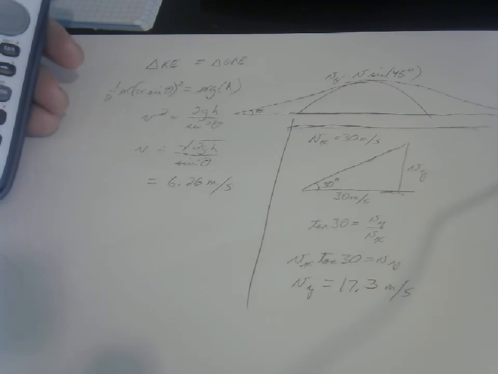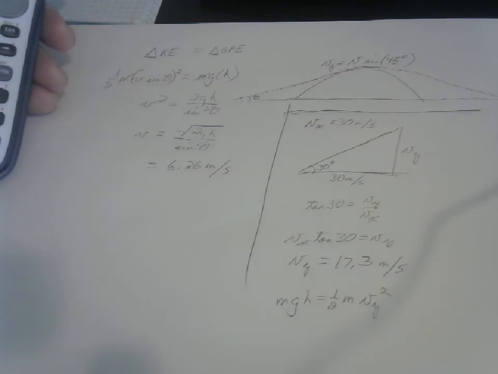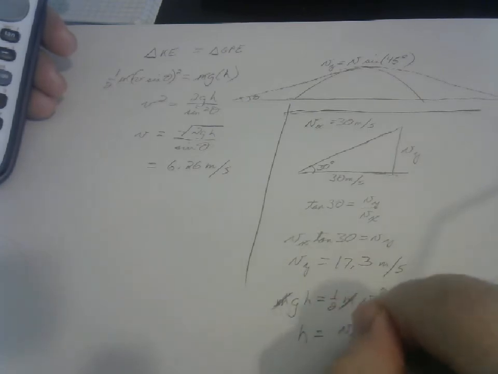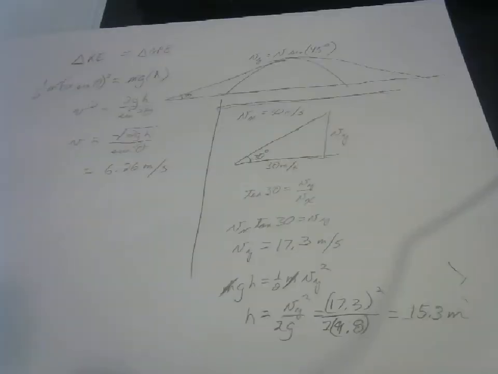At this point, I can apply the equation that mgh is equal to 1/2 m v y squared, cancel out my m's, and solve for h equals v sub y squared over 2g, and you get 17.3 squared over 2 times 9.8 equals 15.3 meters.